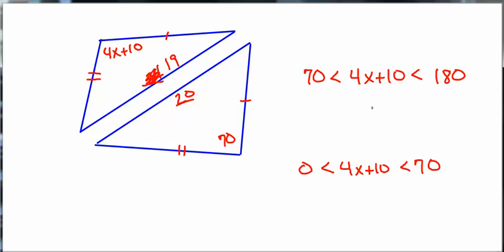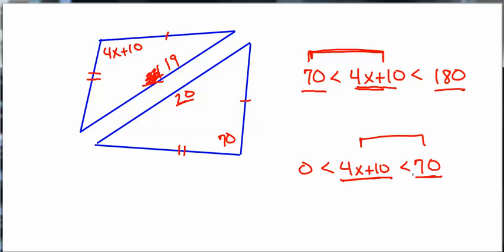The variable that you're solving for is always going to be in the middle. Okay? These were the two given, right? If the two given fill up the left and the middle, then you write in a 180. If the two given fill up the middle and the right, then you add in a 0. Okay? So it's anywhere between 180 and 0.